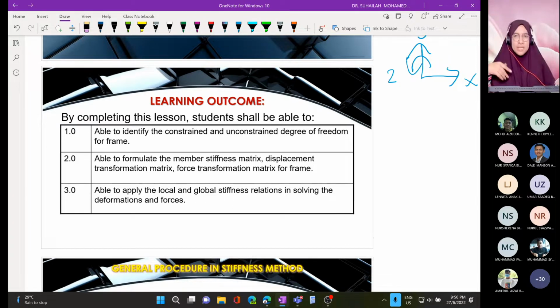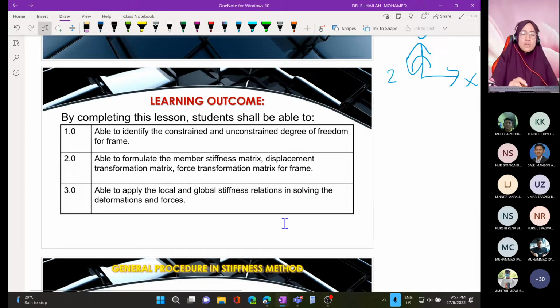The procedure is the same. You have to start by establishing the element stiffness matrices. From that, establish the structure stiffness matrix, combine, and then identify Q, nodal forces and nodal displacement, as well as equivalent nodal forces, combine to have the stiffness equation, and then solve.